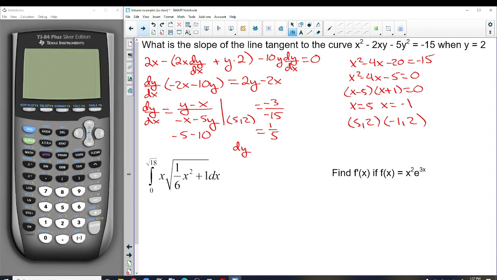Now we're going to take dy/dx, evaluate that at negative 1, 2. 2 minus negative 1, that's 3. And then negative 1 minus, no. I don't remember being a negative 1. 1, not negative 1, thank you. 1 minus 10, negative 9, negative 1/3.